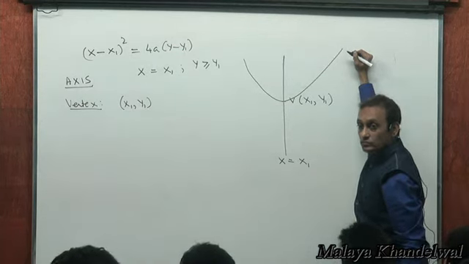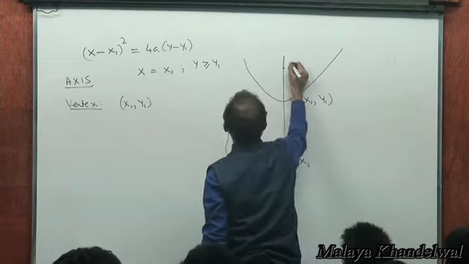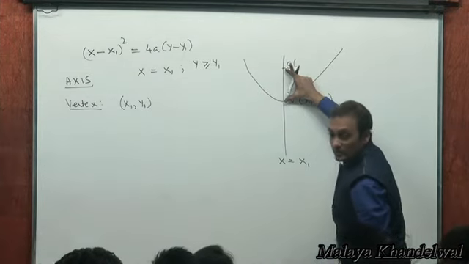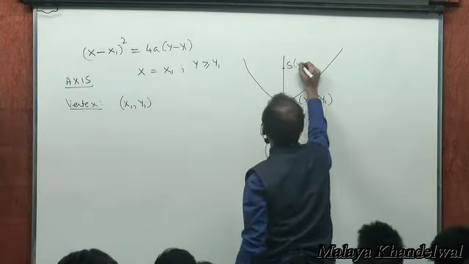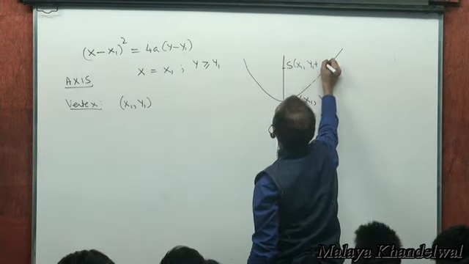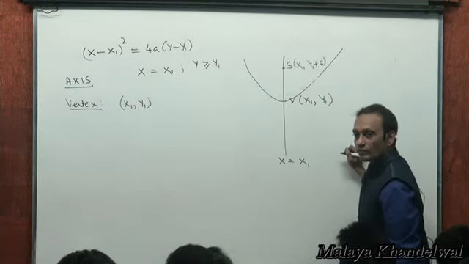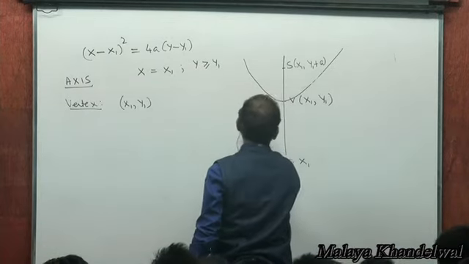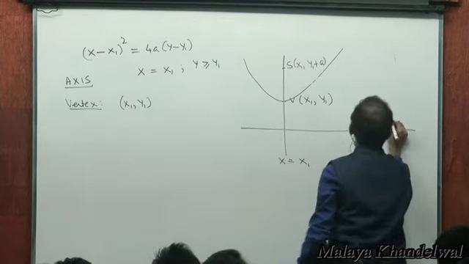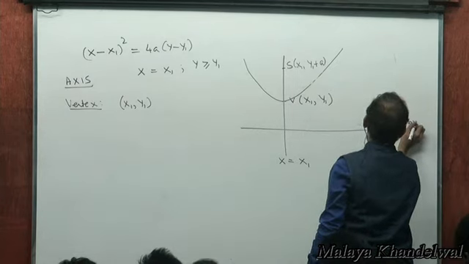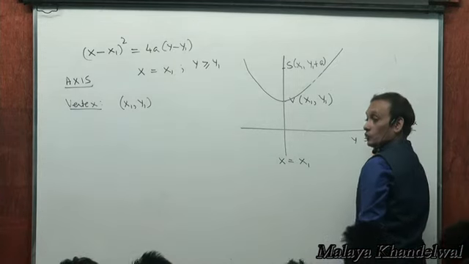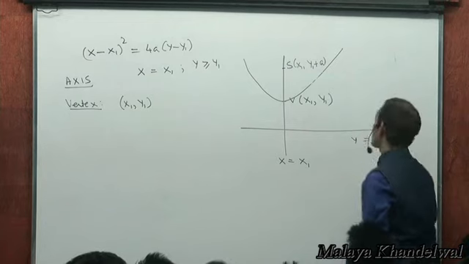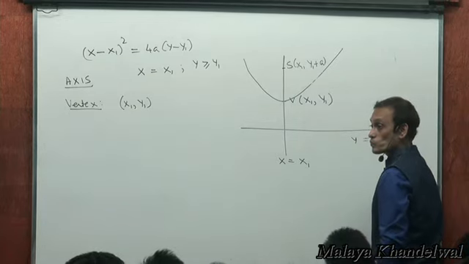Yes or no? Right? The focus of the parabola would be here. A units away from the vertex means x1 comma y1 plus a, right? This would be the directrix, y equal to y1 minus a, right?